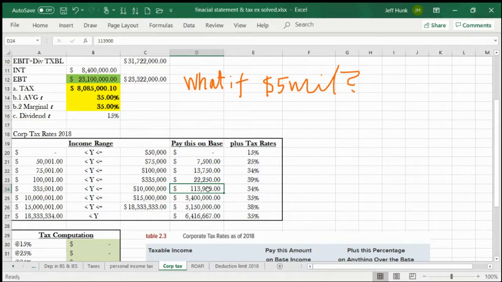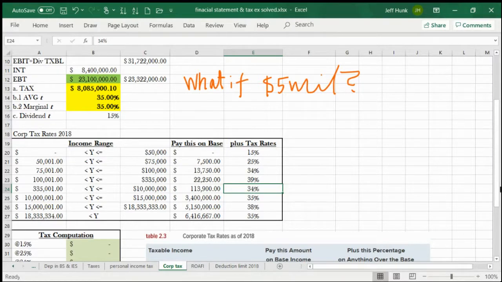So you pay the base, and then for anything above that base amount, you're subject to a 34% tax rate. That means you subtract the base amount from 5 million, and to that difference you multiply the rate.